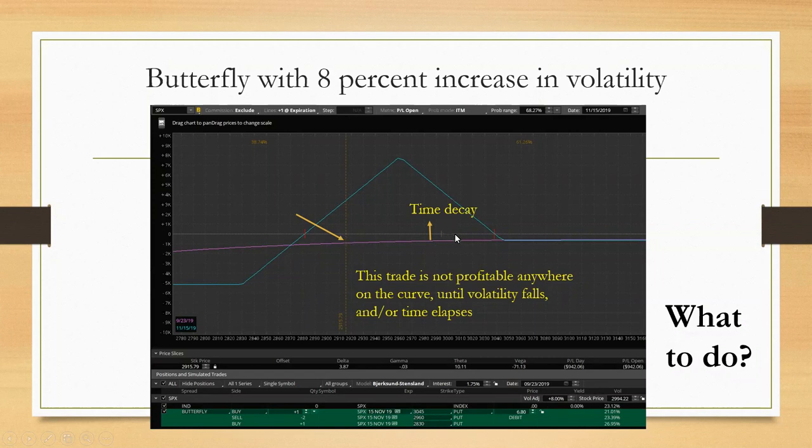What do I do with this trade? This is an uncomfortable situation. And I kept putting these on and constantly getting into this sort of position where I'm not profitable at any point on the graph. Now, with enough time elapsing, this line will rise, but what do you do with this?